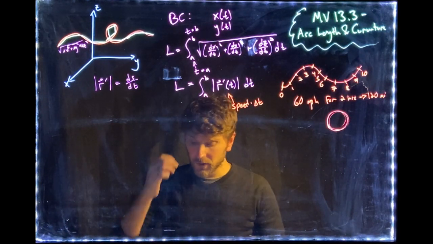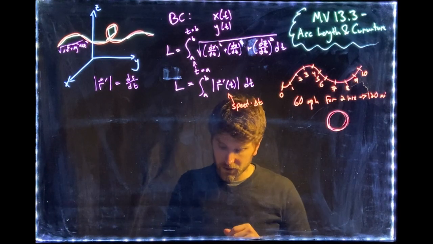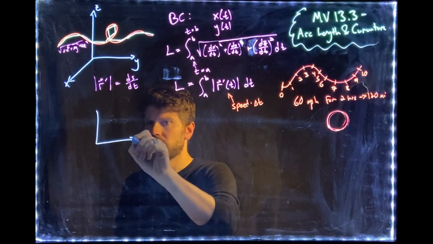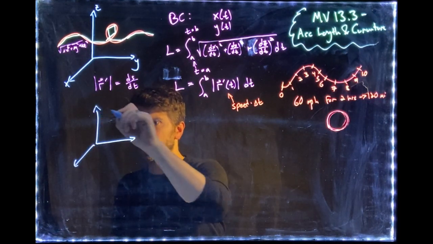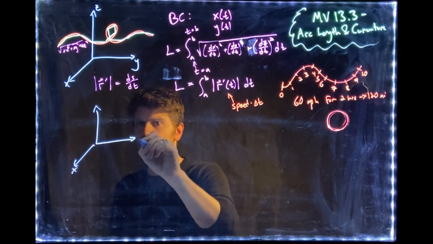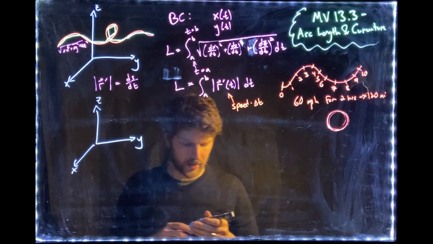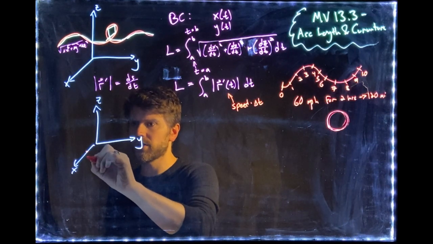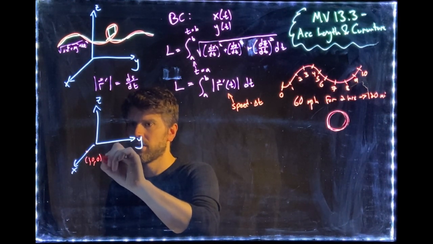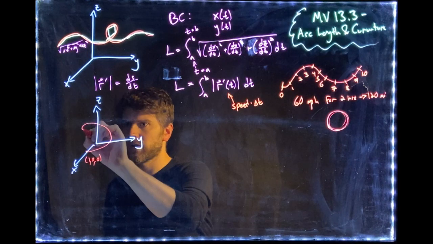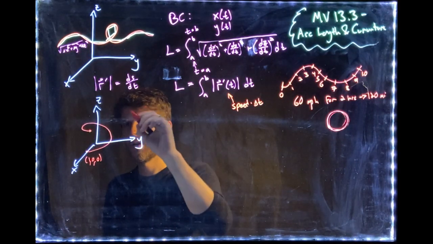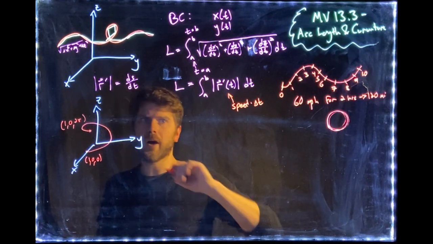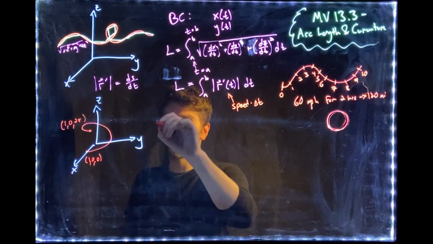All right, so let's do a little example of one of these. Let's take our good old-fashioned helix, and I'll draw our helix here. We're just going to take the first loop of our classic helix. So we're going to start here at (1, 0, 0), and we're going to loop around once up to this point, which is of course (1, 0, 2 pi), reminding ourselves that we've got r of t.